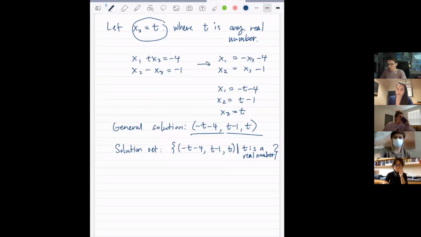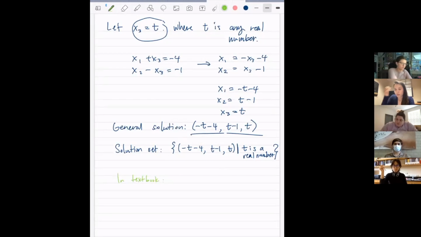When you're doing your homework, it might look a little different. In the textbook, or on MyMathLab, the answer would be this part right here, how we've written it. We wrote x1 and x2 in terms of x3.